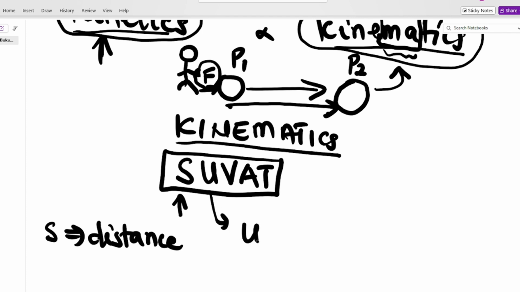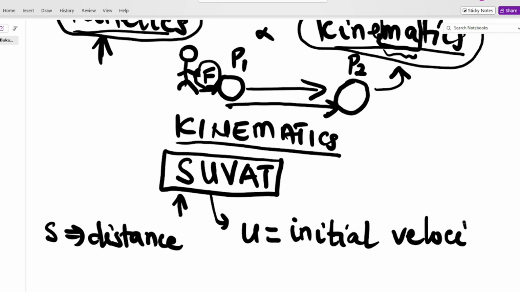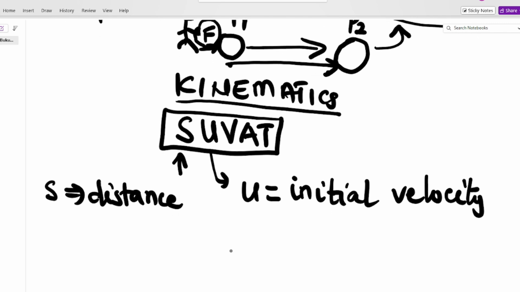The U is also going to be confusing, but it's initial velocity. This is the velocity of the body before the motion starts. What was the velocity of the body? And then V is the final velocity.